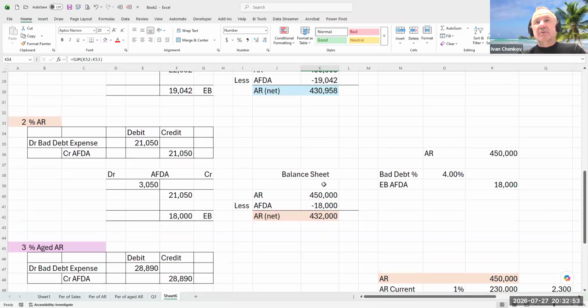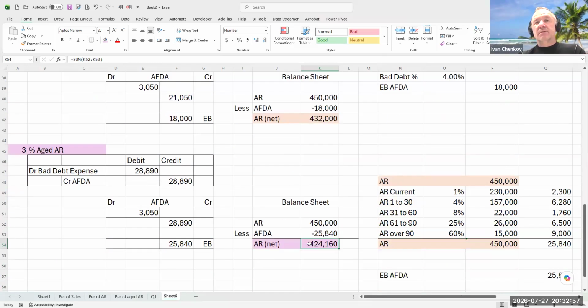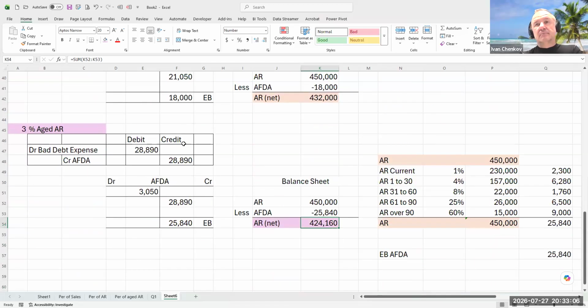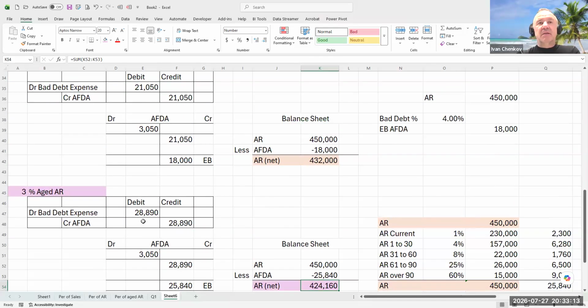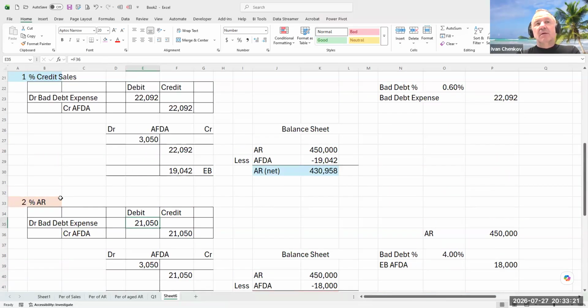As you can see, based on the different methods, we're going to have different net accounts receivable sitting on the balance sheet. Also, allowance for doubtful accounts is going to have a different balance, and the bad debt expense is going to be different. The highest bad debt expense, as you can see, is under the aging method. The lowest bad debt expense is under the percentage of accounts receivable.